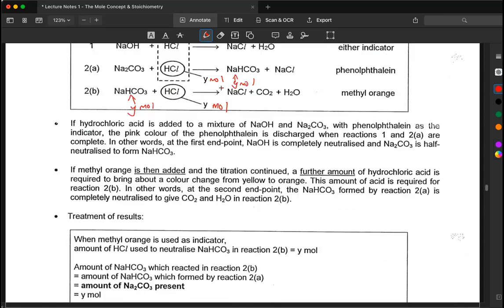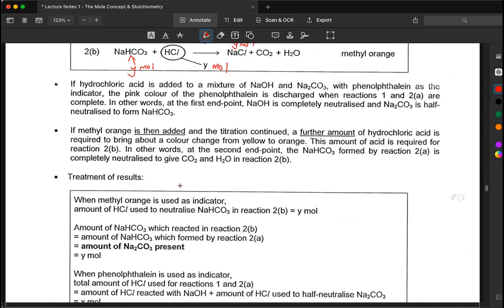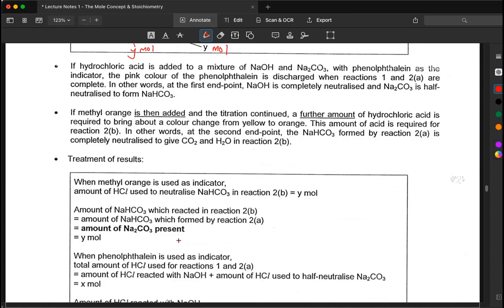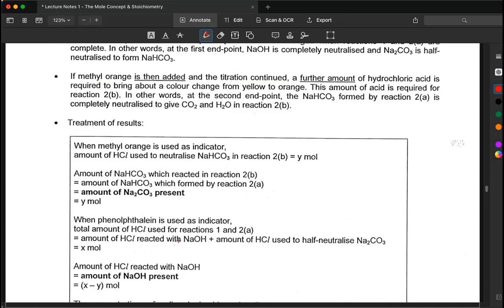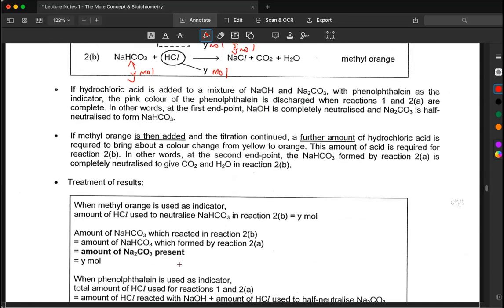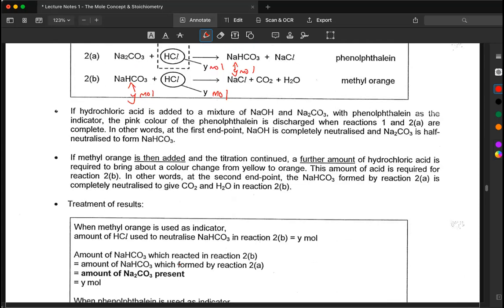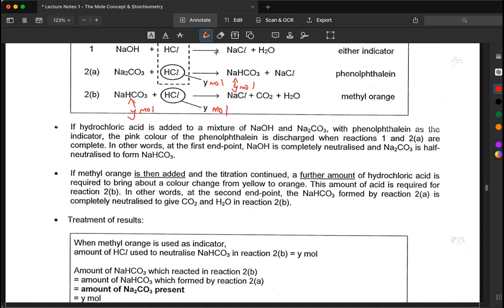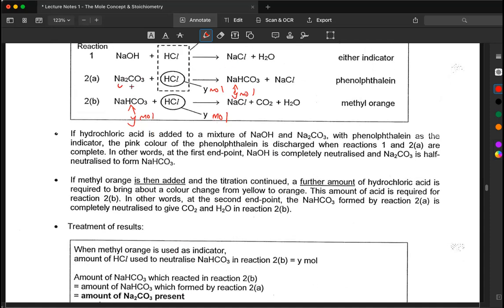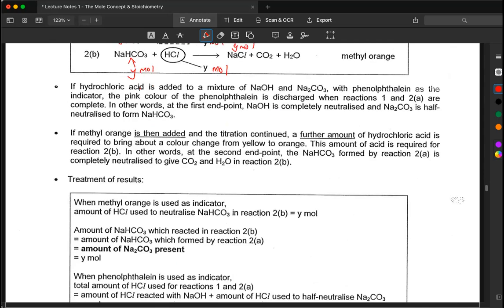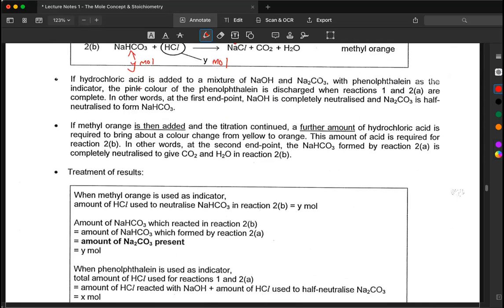Of course, if the situation changes, then you react accordingly, like different mole ratios. So the amount of sodium carbonate present will be Y mole. But that is when you use methyl orange.